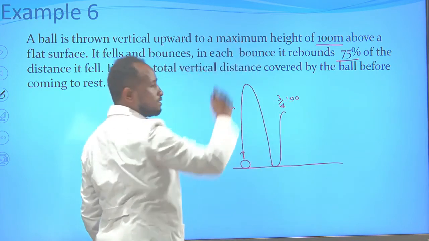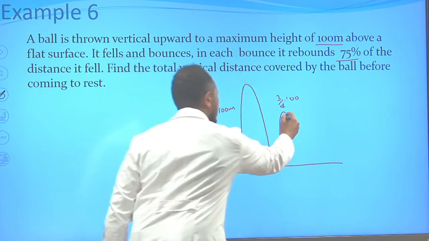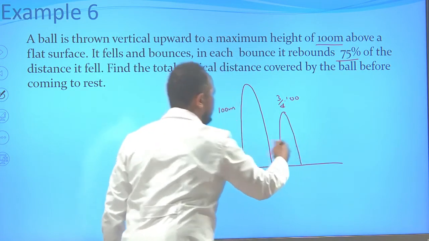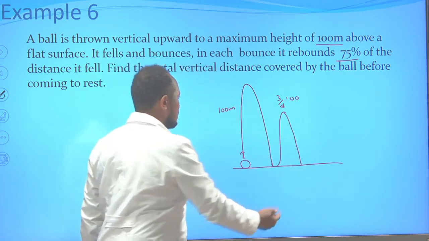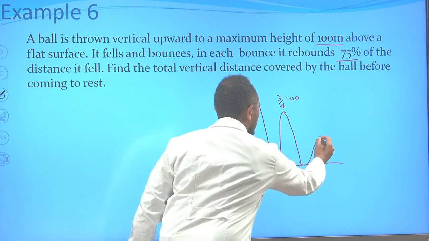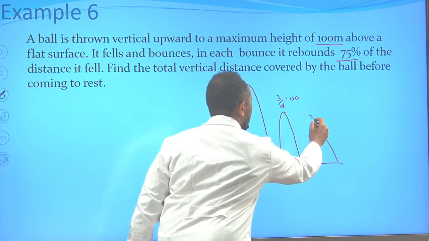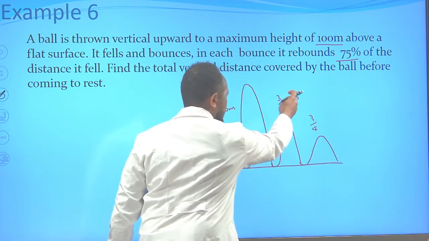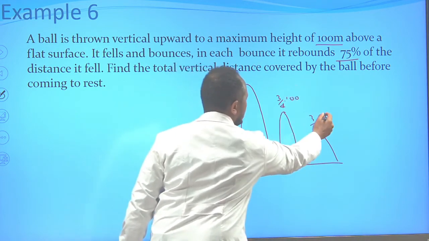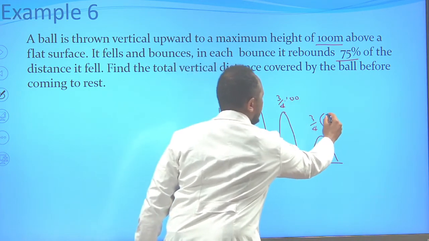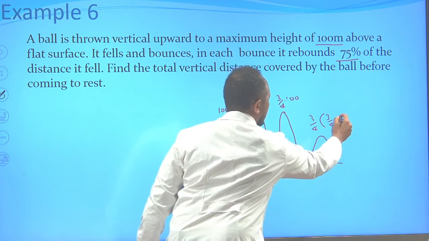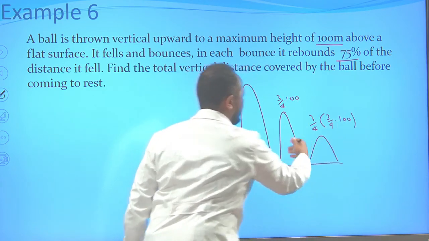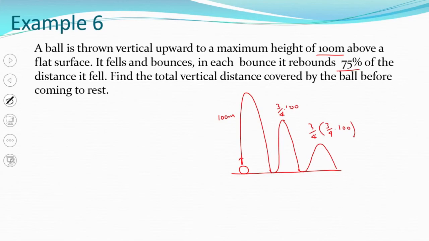So it moves 3/4 of 100 up and down. On the next bounce, it rebounds 3/4 of the distance it falls. The distance it falls is 3/4 of 100, and it goes on like this.